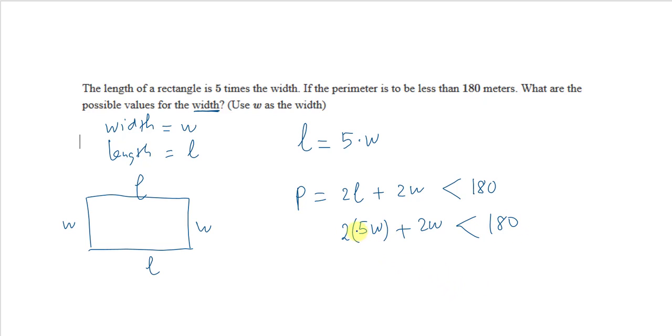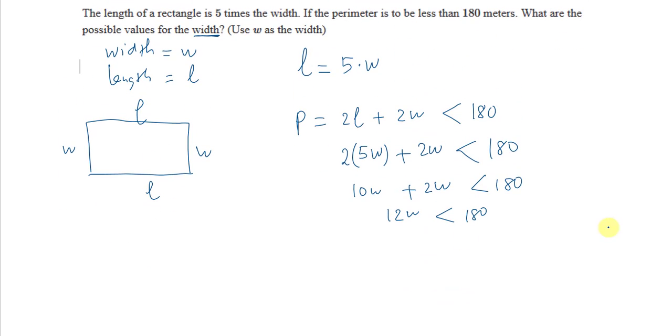Now combine like terms: 2 times 5 is 10W, plus 2W, is 12W, less than 180. Now you just want to solve for W because you are asked what the possible values for the width are.